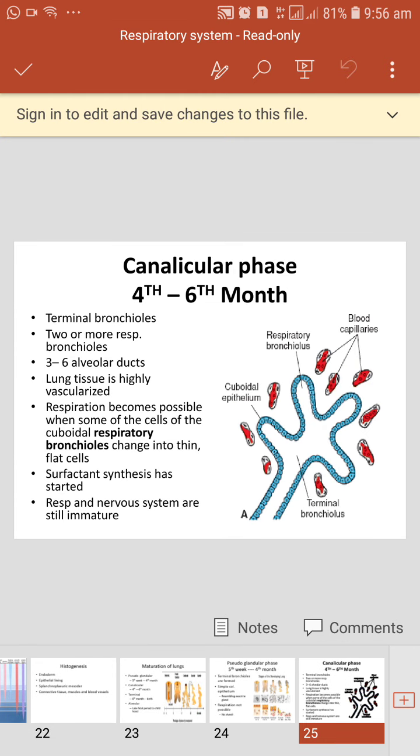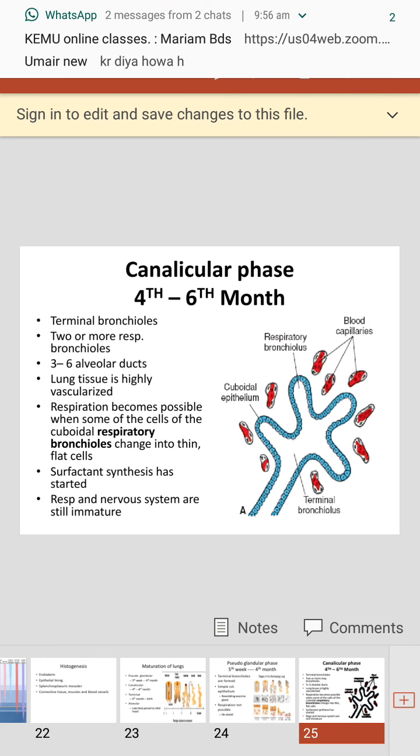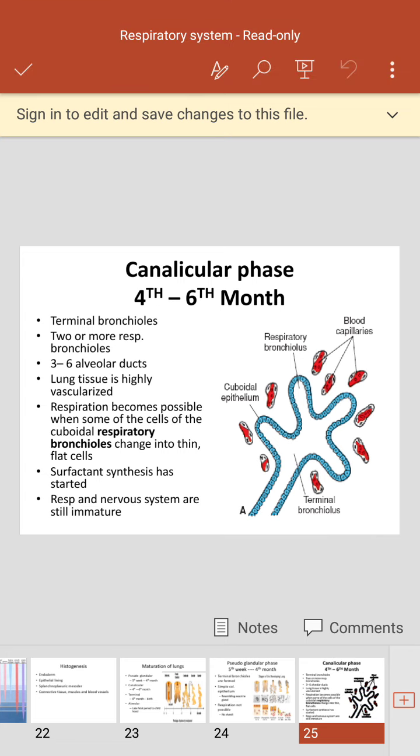In the canalicular phase, which extends from the 4th to the 6th month, terminal bronchioles are also there. Three to six alveolar ducts are formed from the two or more respiratory bronchioles. In this diagram, you can see that starting from the terminal bronchioles, there is formation of the respiratory bronchioles, and then there are the 3 to 6 alveolar ducts.